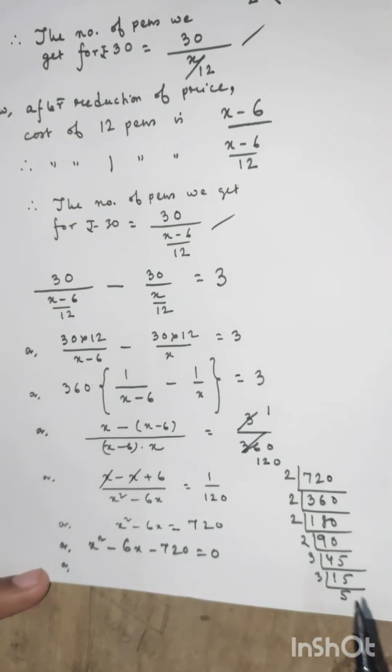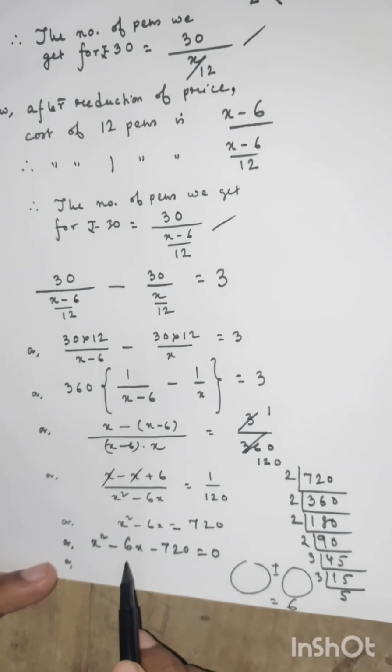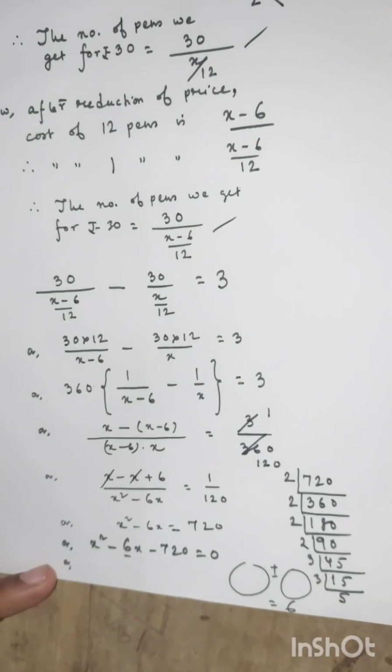So these are the factors. Now we are going to arrange them into groups, so that by adding or subtracting them we get 6. So we have to arrange these factors.